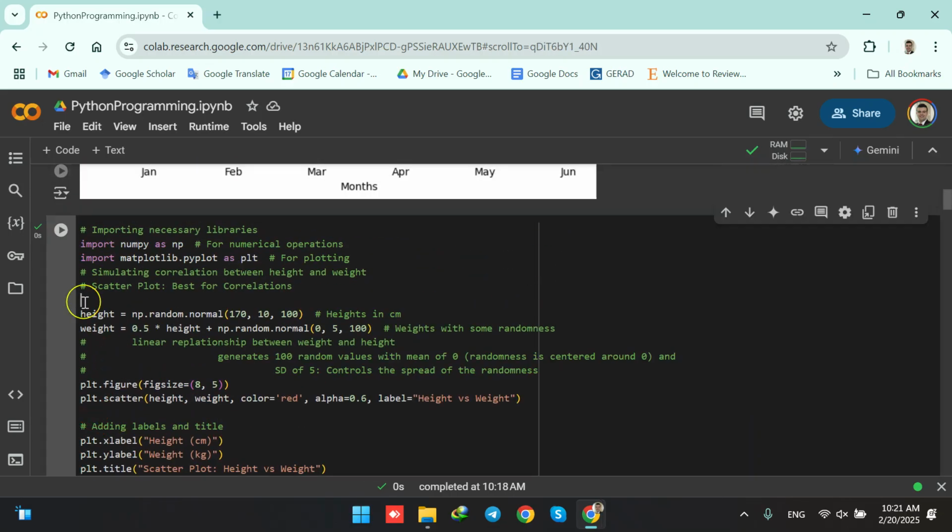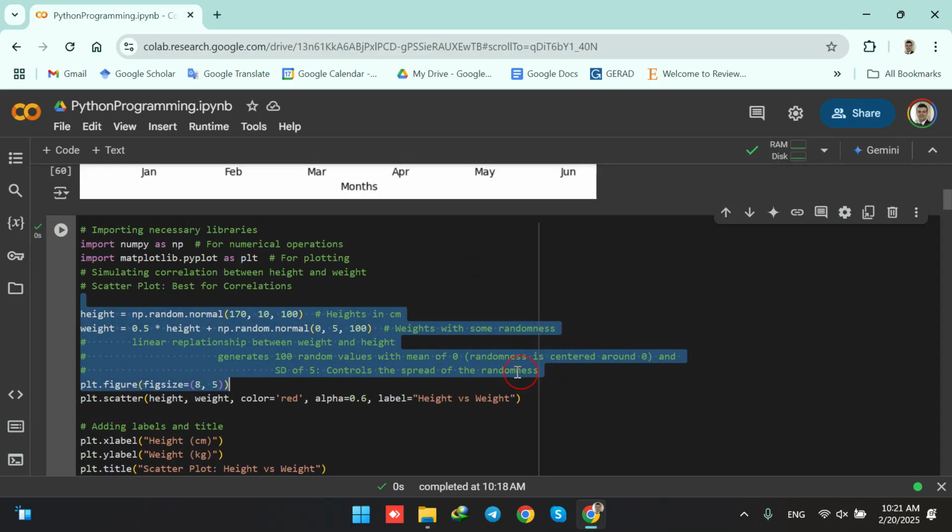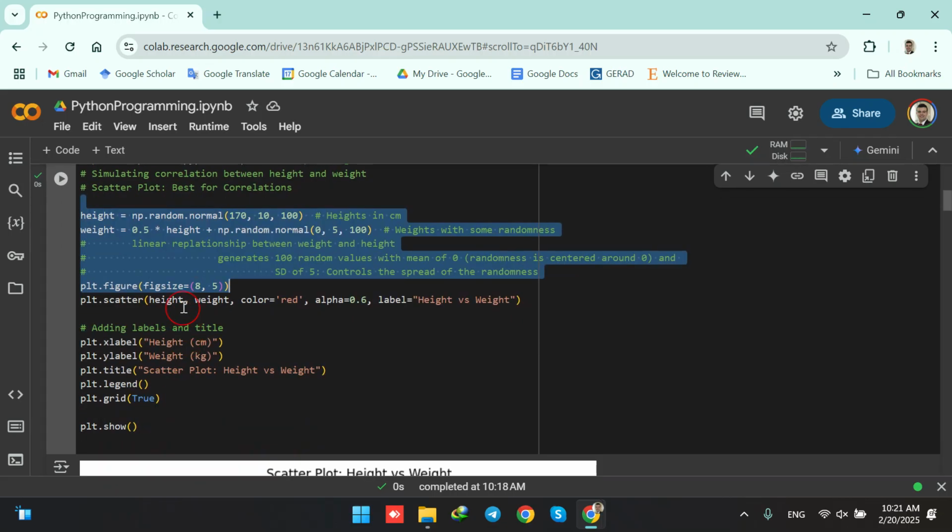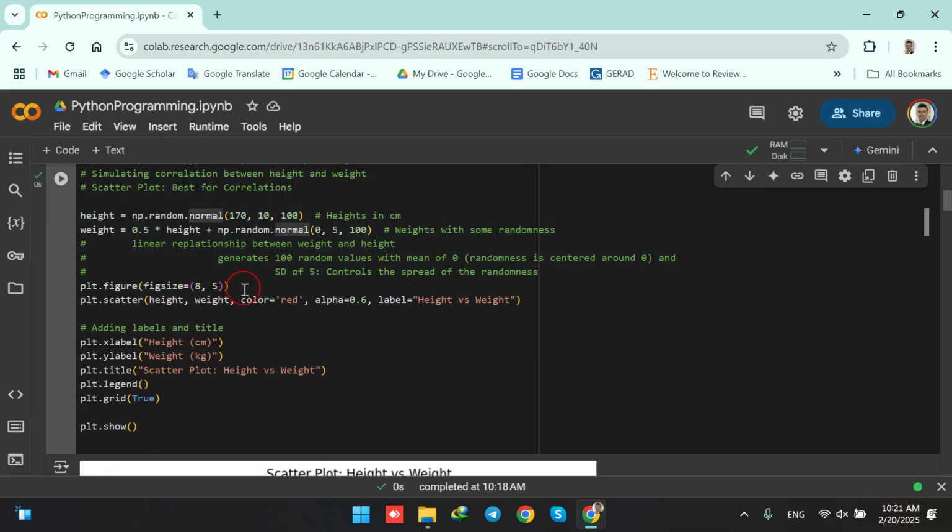Here we are generating our height and weight. For example, we are using a normal distribution for the height, and again a normal distribution for the weight with a standard deviation of 5 and a mean of 0, and we are generating 100 points.